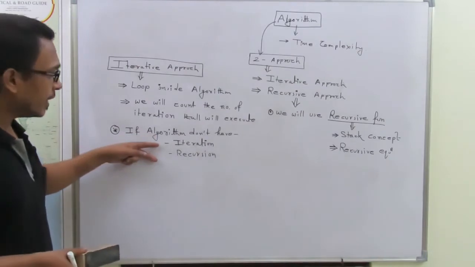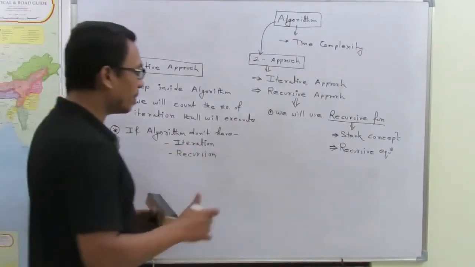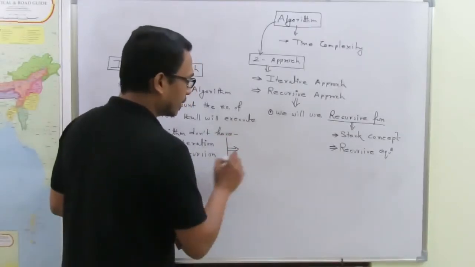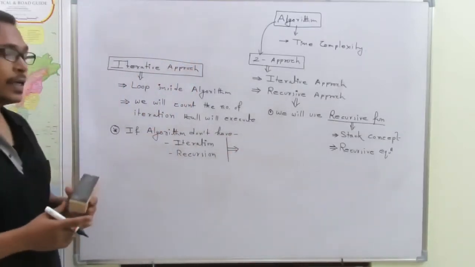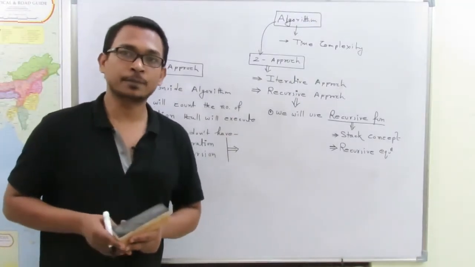Look, as there is no iteration and no recursion, the time complexity of such an algorithm will be constant always. That means the algorithm will take only a constant time to perform its execution, to perform its operation.